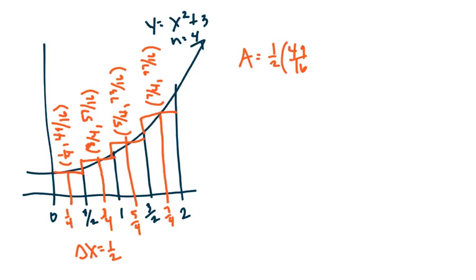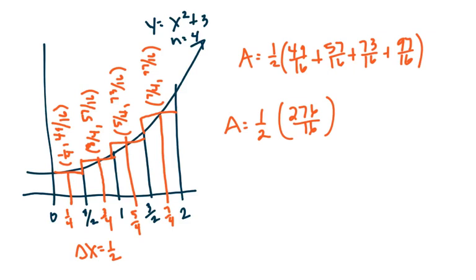So we found the midpoint of 0.5 to be a fourth, and the y value for that is 49 over 16, plus 57 over 16, plus 73 over 16, plus 97 over 16. If we add those, I have 276 over 16, and if you take half of the top, we have 138 over 16, which is nearly 9 again.